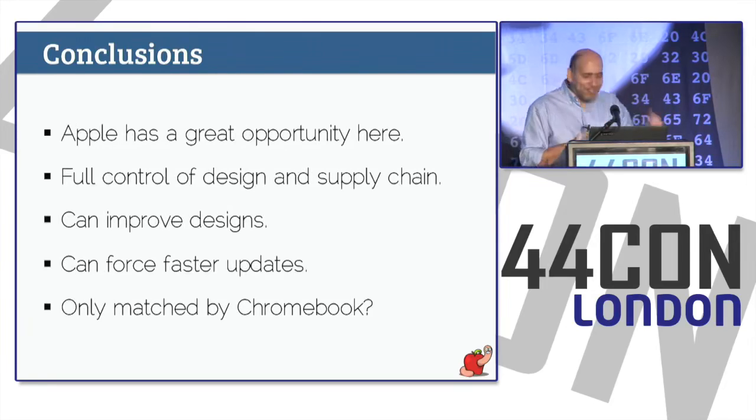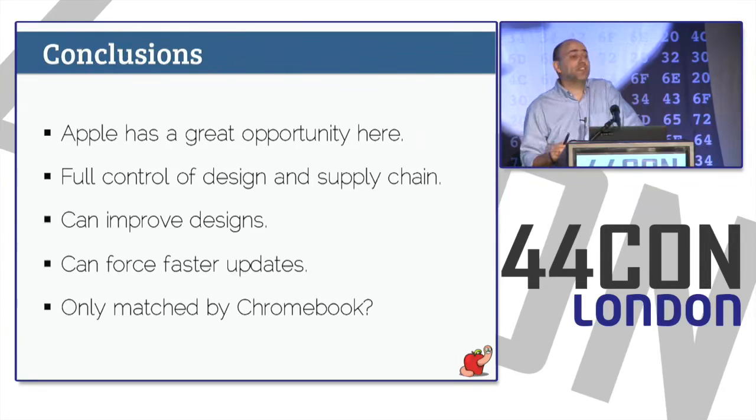Last argument, one minute. Apple has a great opportunity here because they control the whole design and the supply chain. They say, I designed this computer with these features. They can improve the design. They can be the first one to do, for example, physical switches and so on.